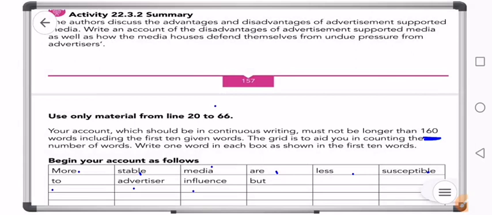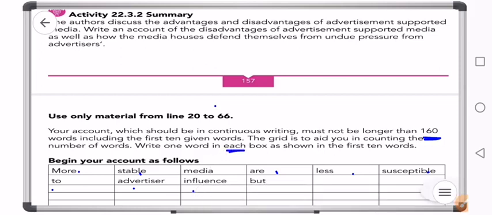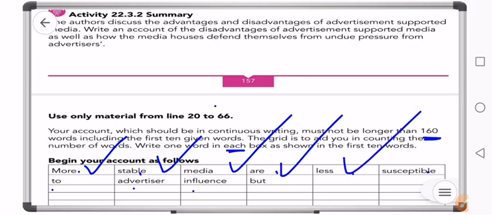The grid is to aid you in counting the number of words. Write one word in each box. This is the rule. As you can see, you must write each word in one box. "More" is in its own box, "stable" in its own box, "media" in its own box, "are" in its own box, "less" in its own box.